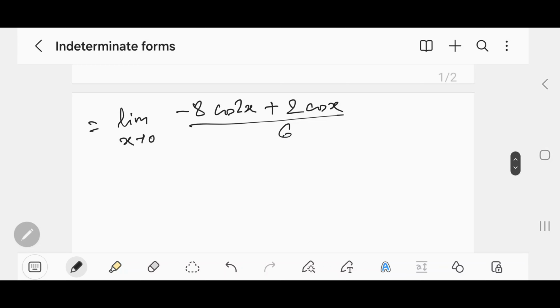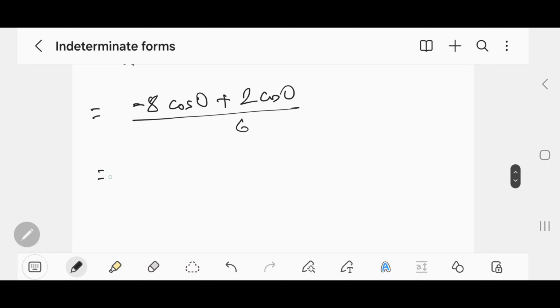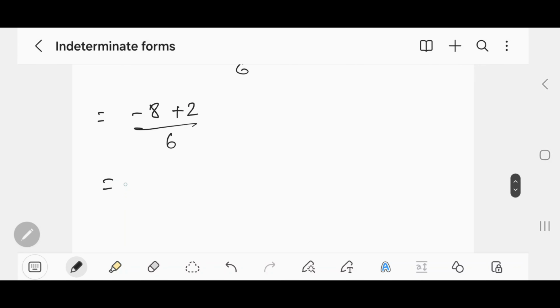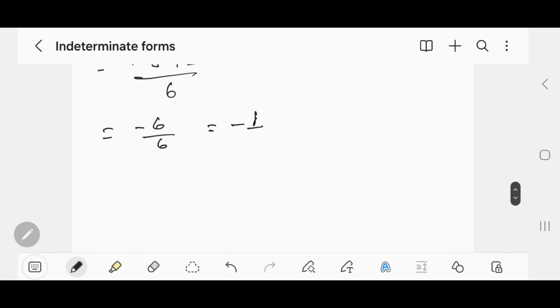Now this is not 0 by 0 form finally. So let's use x tends to 0 limit. It will give you minus 8 cos 0 plus 2 cos 0 by 6 equals to minus 8 plus 2 by 6. That means minus 6 by 6 equals to minus 1.